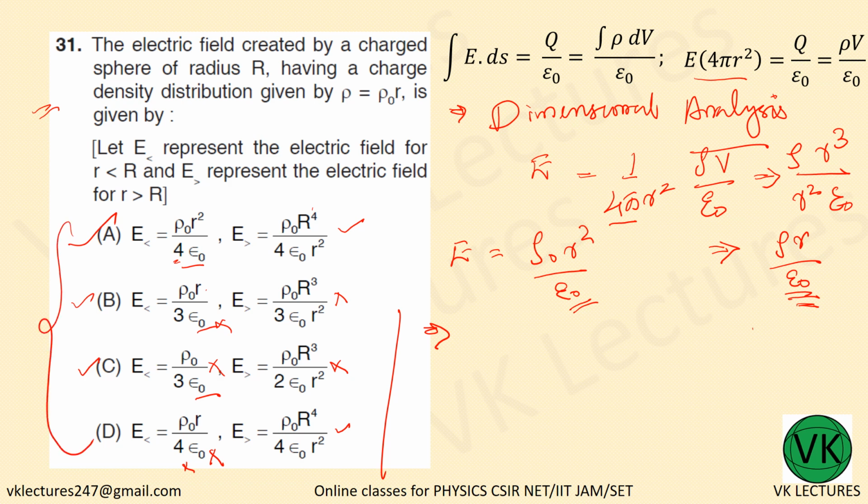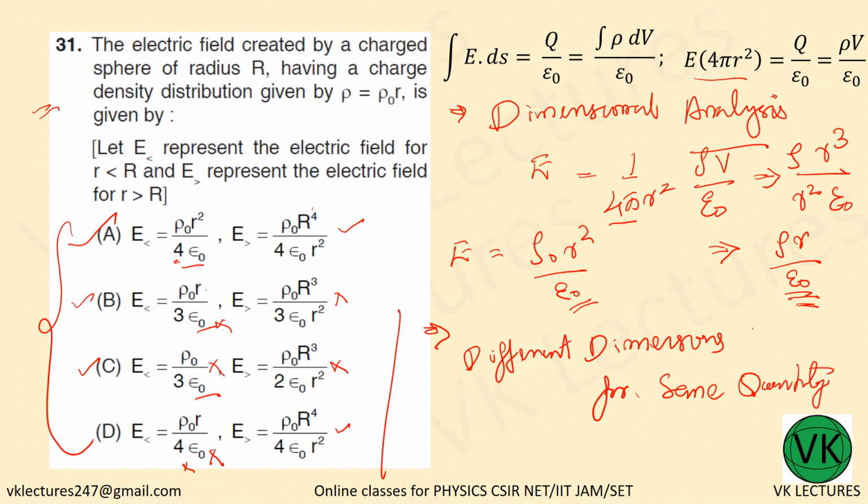If you are getting different dimensions for the same quantity, then go for dimensional analysis. Just by looking at the options you can understand whether it is having the same dimension or not.